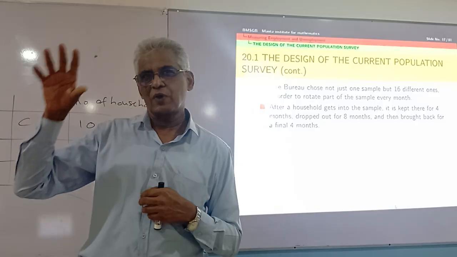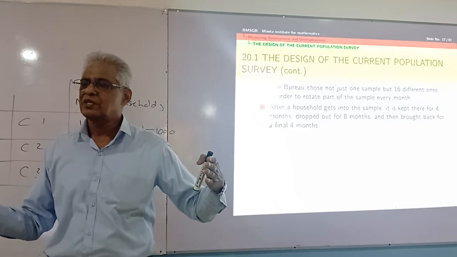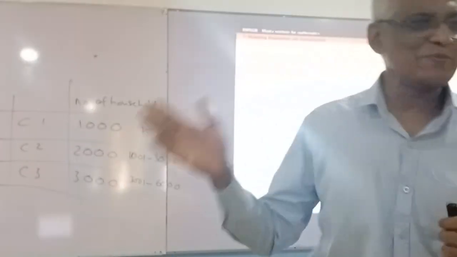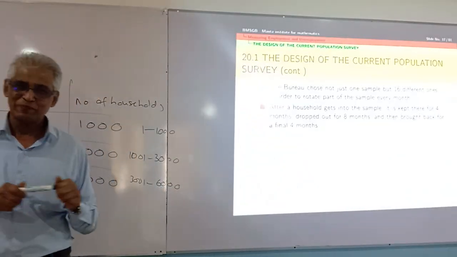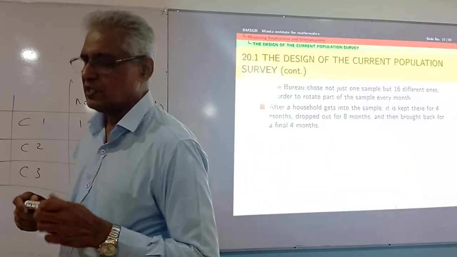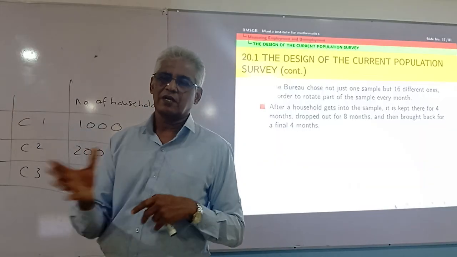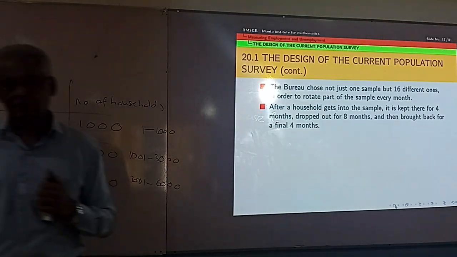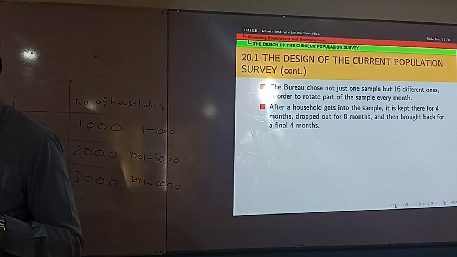So if the same households are going to be interviewed every month, what will happen? Every month somebody is coming to your house and asking the same questions. It will be a very big problem, right? So in order to avoid this problem, they have selected 16 different samples. So these samples are different. They are rotating the sampling using these 16 samples.